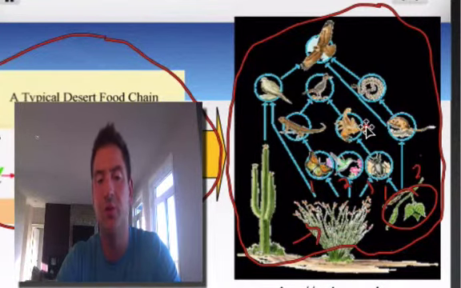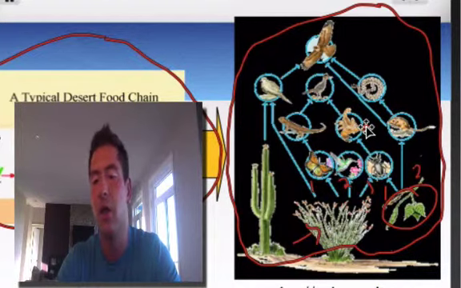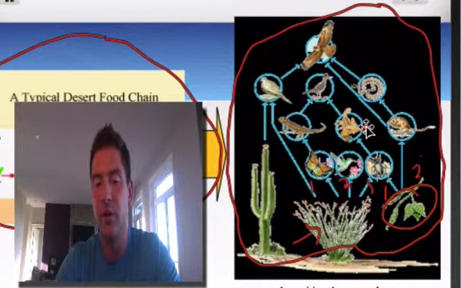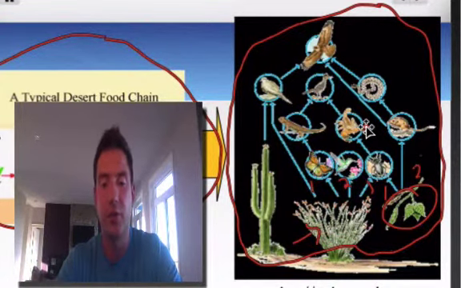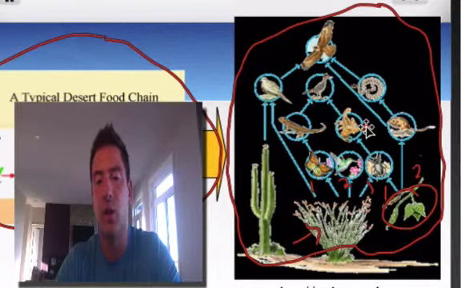And we have our producers and primary consumers. This is where we can see the herbivores. Herbivores are going to feed on these producers in this picture. Then our secondary consumers are going to feed on our primary consumers, our herbivores. And then our tertiary consumers are going to feed, and then we get into our carnivores and so on. And then there are omnivores that eat both as well.